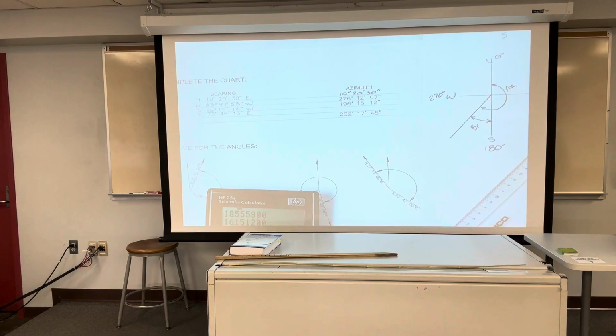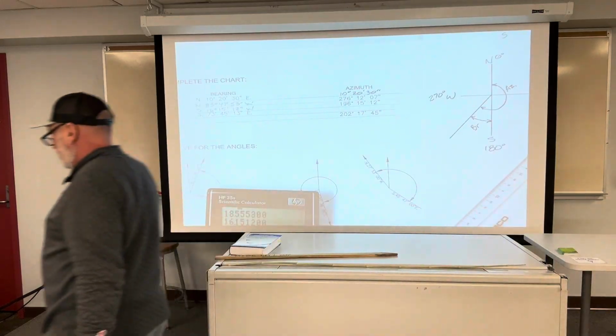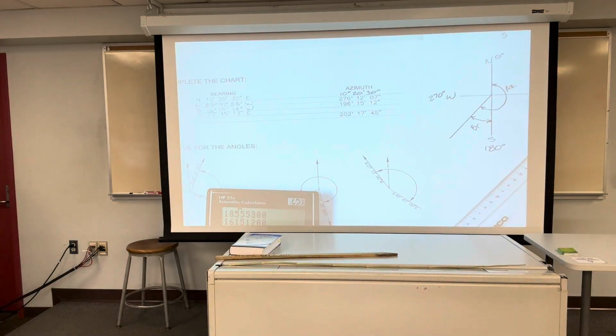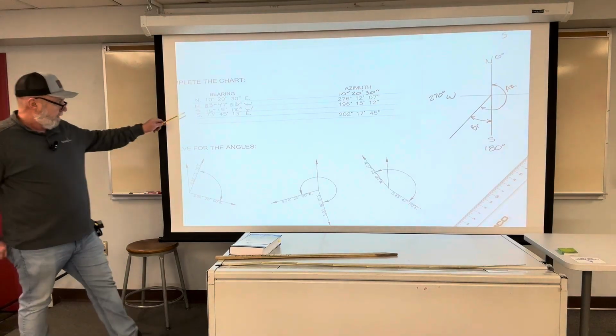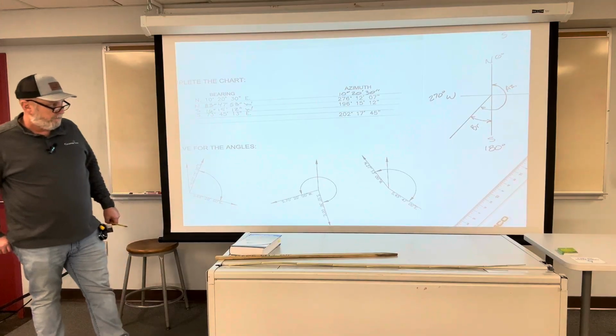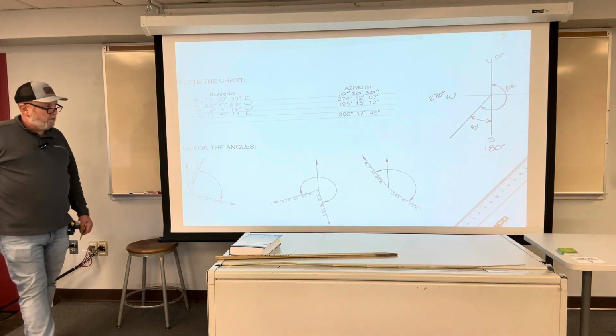All right, so if I was to ask you, we have a bearing, we need to convert to an azimuth. How do you want to talk me through that? How do we tackle this one? Just need to know which quadrant it is. Which quadrant is it in? Southeast. The southeast starts from the north.